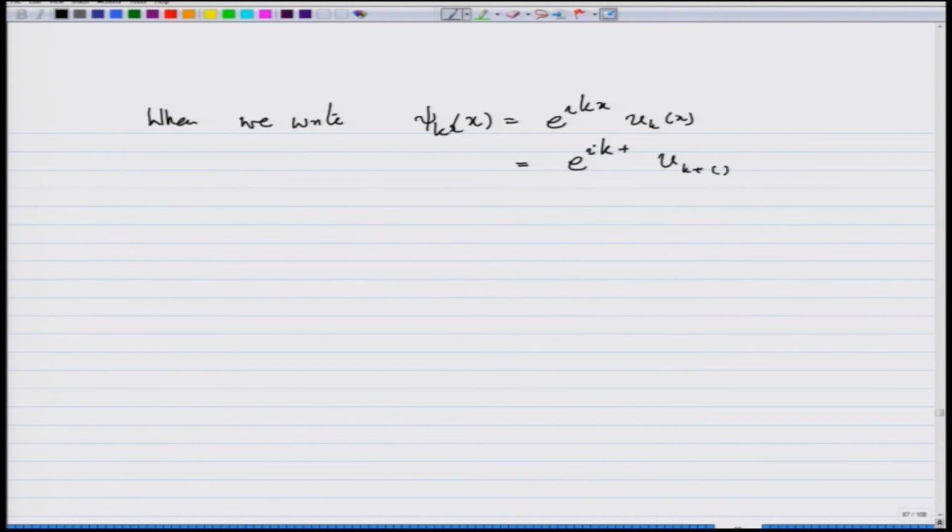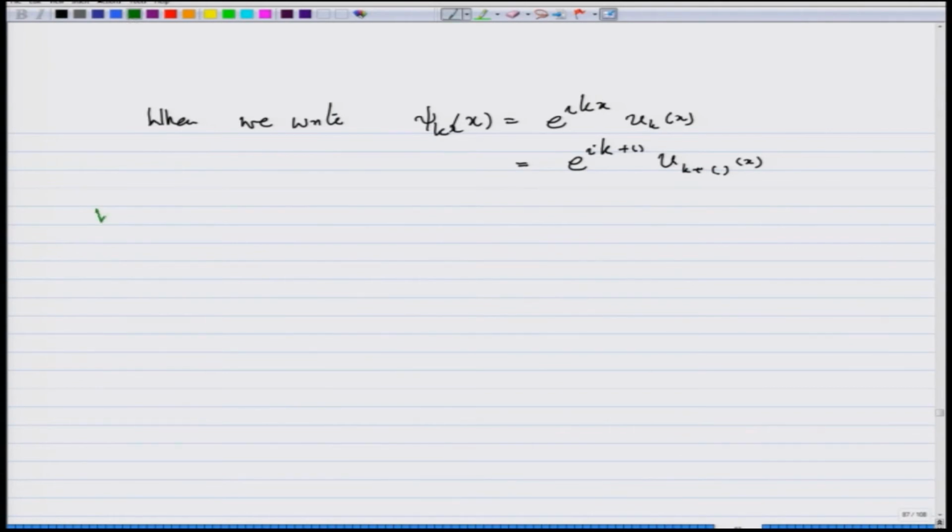Now, when I write ψ_k(x) as e^{ikx} u_k(x), this can also be written as e^{i(k + some quantity related to the periodicity)x} times u_{k + some quantity related to the periodicity}(x), which I am going to explain now.